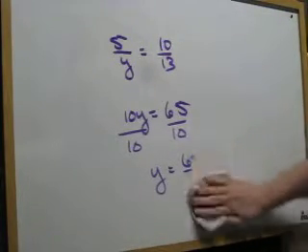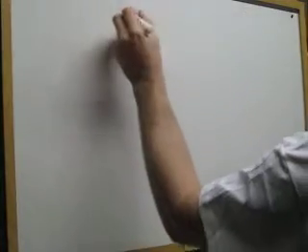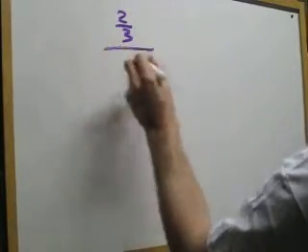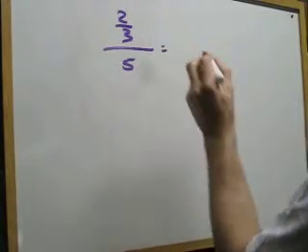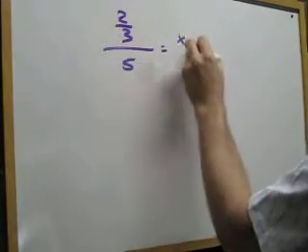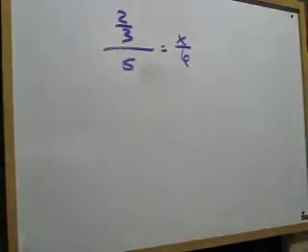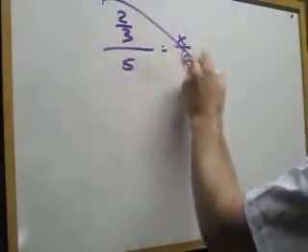Let's do an example, though, on page 466. We've got some fractions there that always seem to give people a headache, so what they're giving us is basically solve for x. They're giving us the fraction 2/3, and that's over 5. And they're saying that that's going to equal x/6. So we're going to do our cross multiplication again.